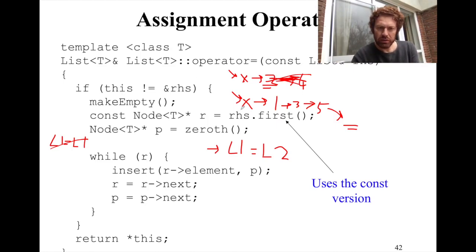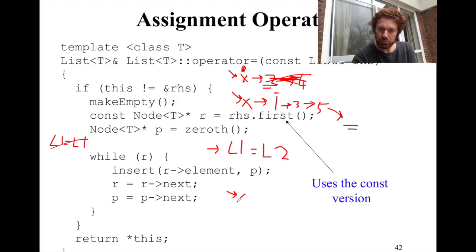I don't really care. Now start with the first node of L2 because it is the real content, and start with the zeroth node of L1 because at this time there is no first node anyway. So while I have content in L2, insert that content after P. So let me draw it clearly.